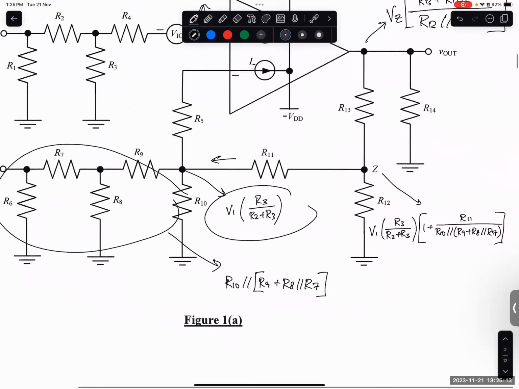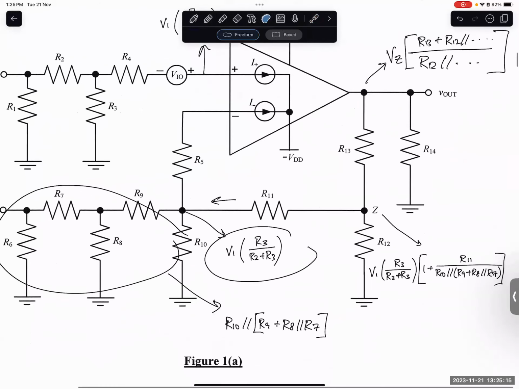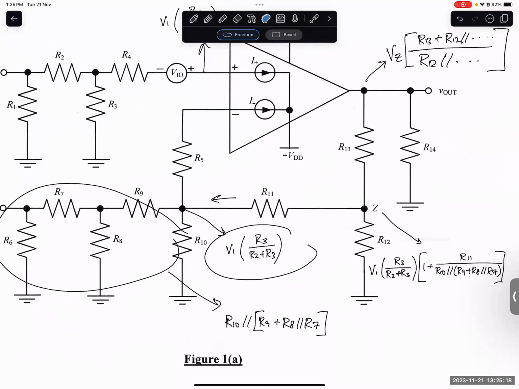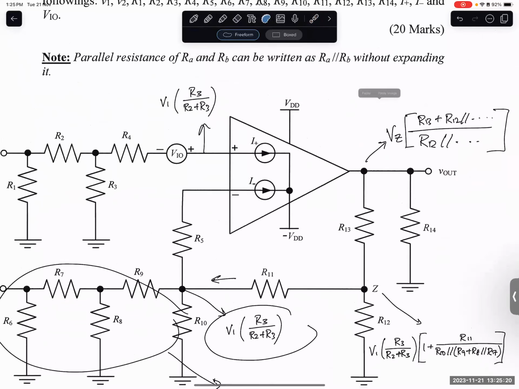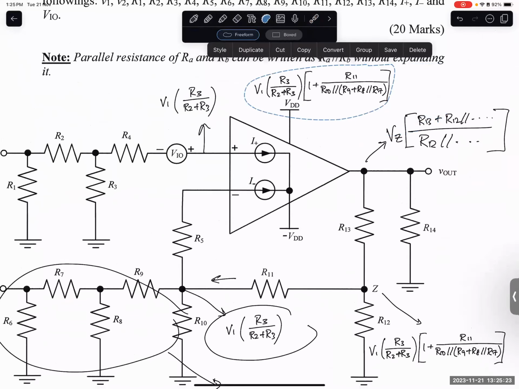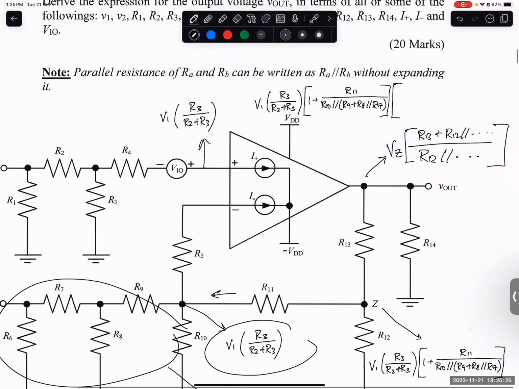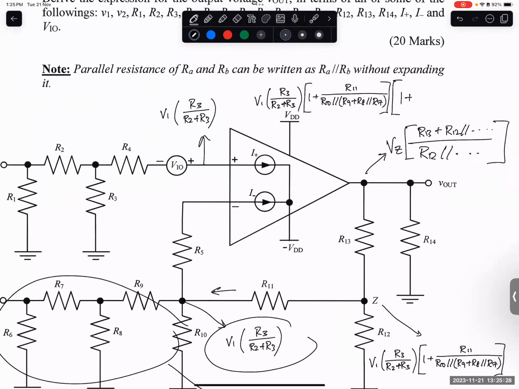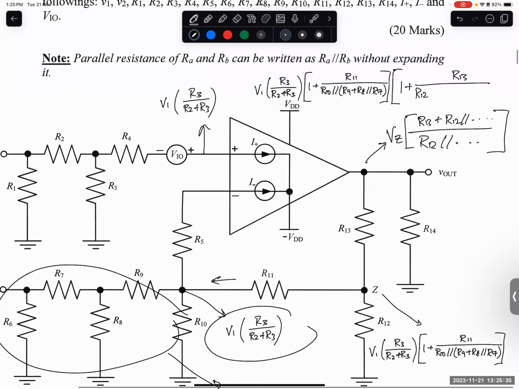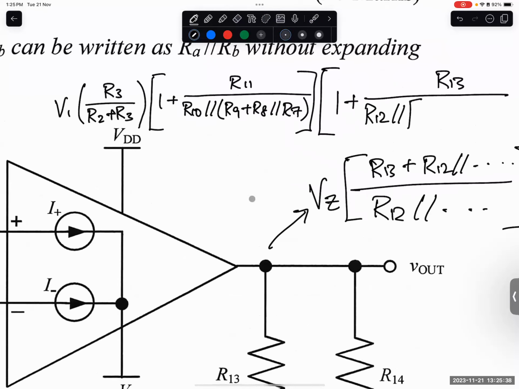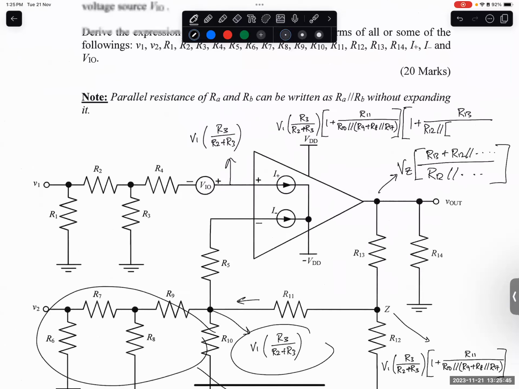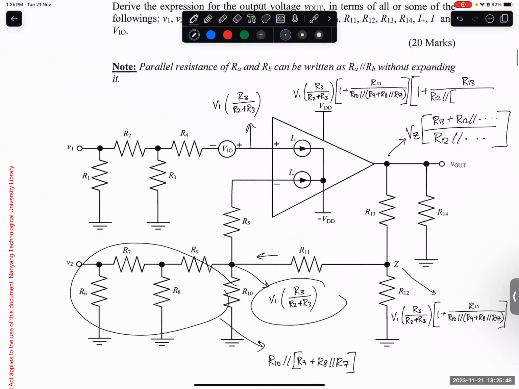So the full thing would be this. Bracket, 1 plus R13 divided by R12, parallel with. Okay, let me load it. R12 parallel with R11.